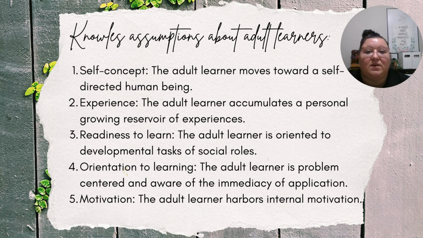This could be learning things new on YouTube, looking up how-tos and tutorials, or reading a book and finding the information. And that all comes back to the fact that adult learners are motivated. There's a reason that we want to learn something. It's either going to make us a better family person, or it's going to make us better at our job. It's going to make us more than and better than what we are currently.